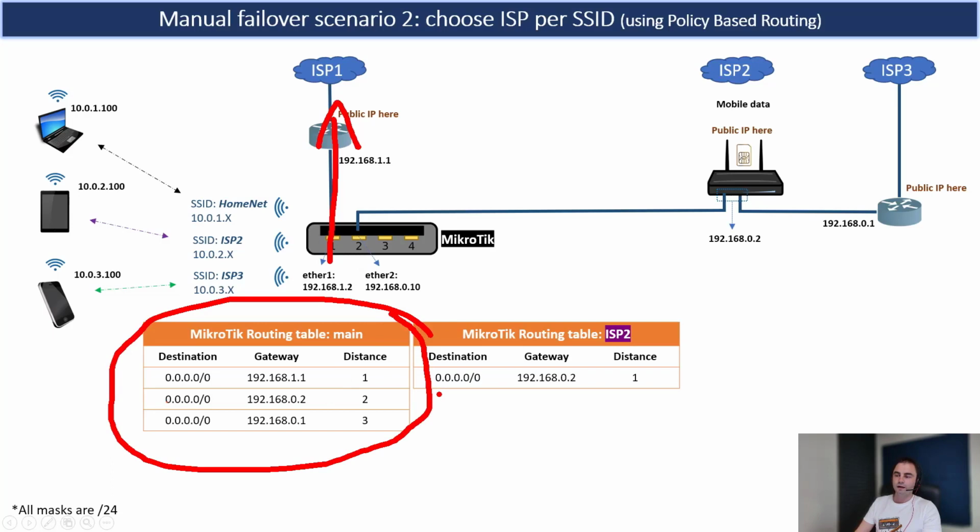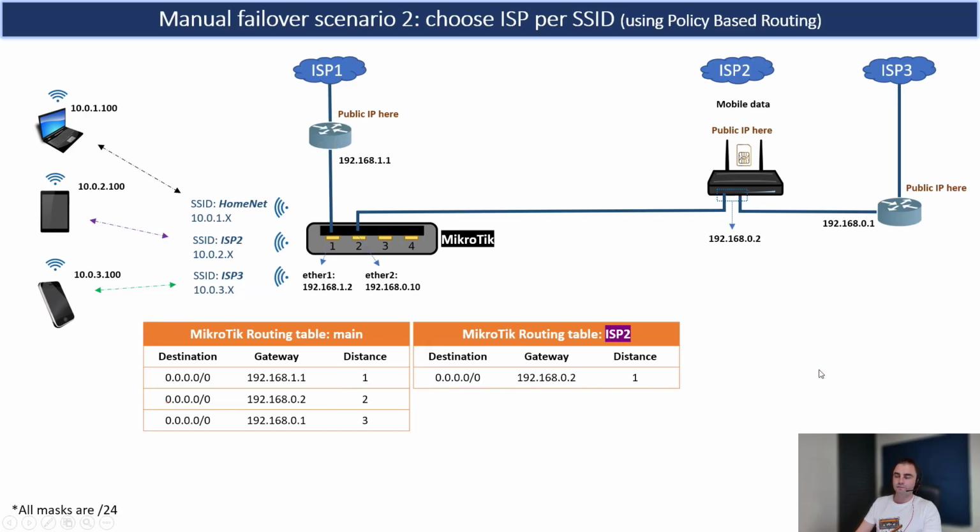There should be a criteria, something like an if, saying that something has to happen in order for this routing table to be used.